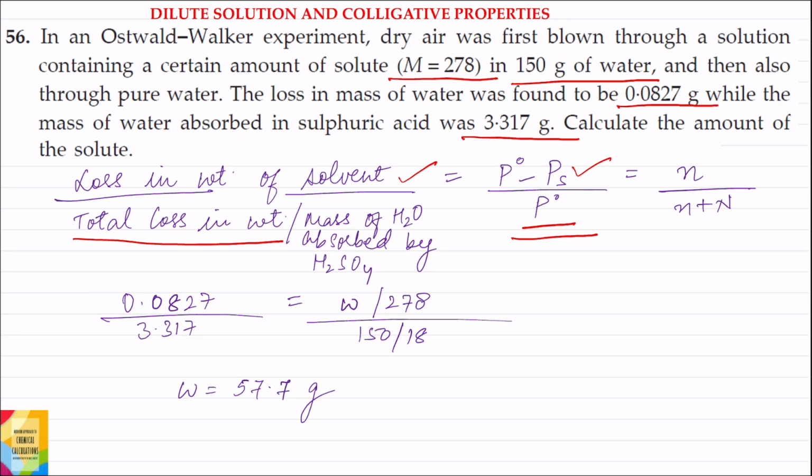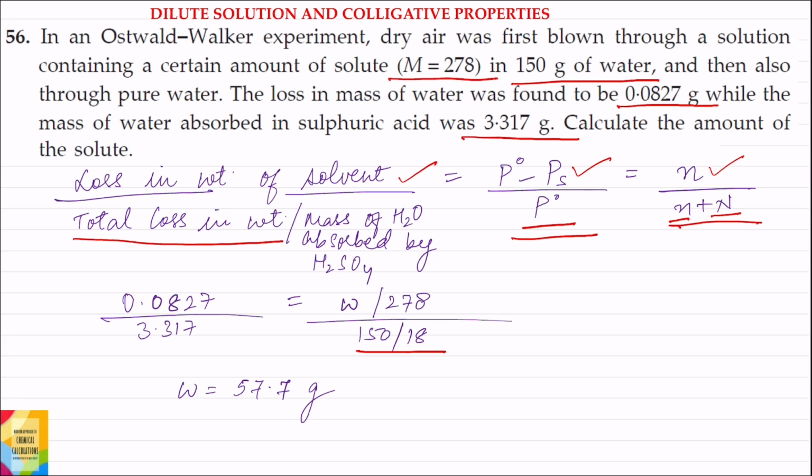Mole fraction of solute is moles of solute divided by total number of moles. Total number of moles will be equal to moles of solute plus moles of solvent. Now here the solvent is water. Weight of water is given as 150 gram. So moles of water or moles of solvent will be equal to 150 divided by 18. Now since the amount of solute is very less, moles of solute is neglected in the denominator.